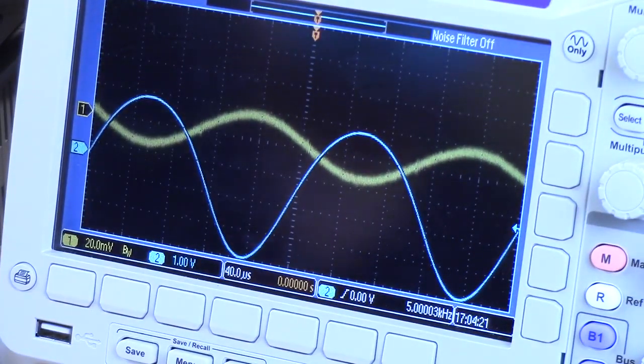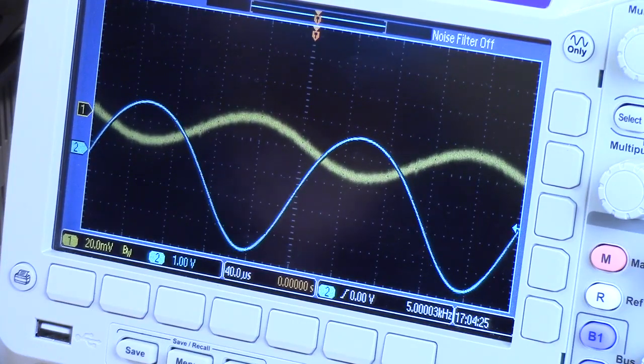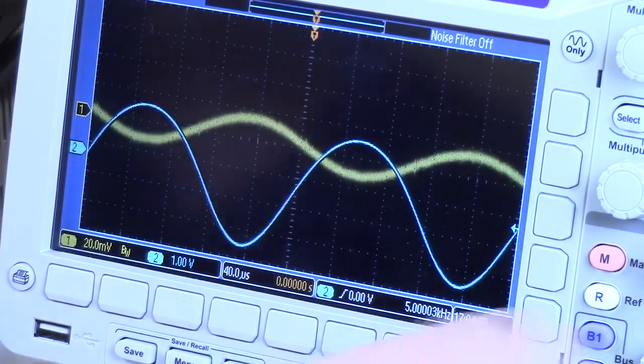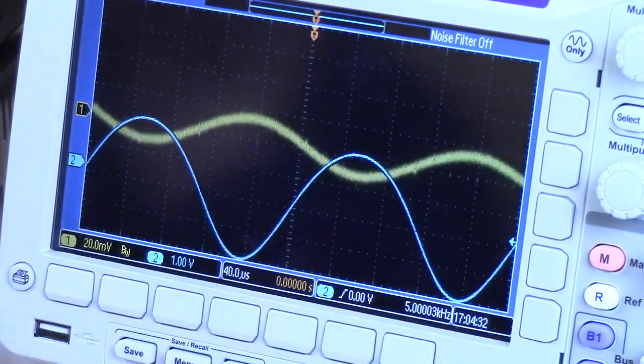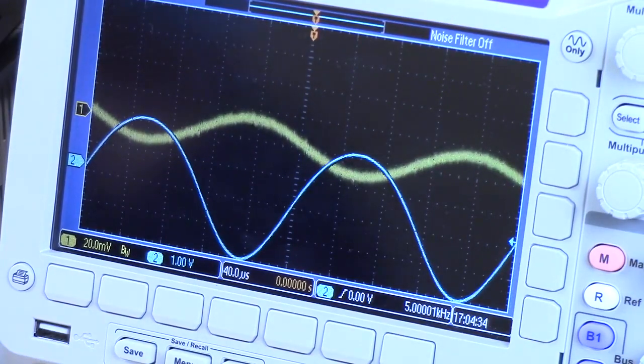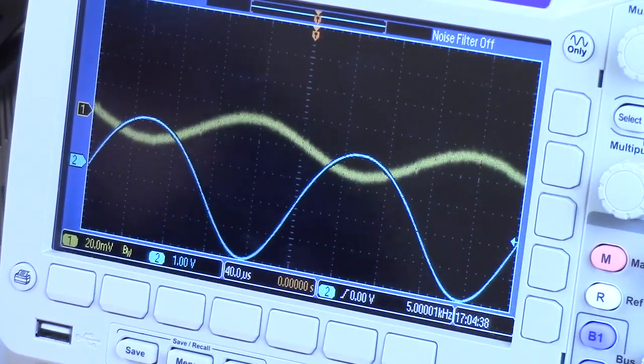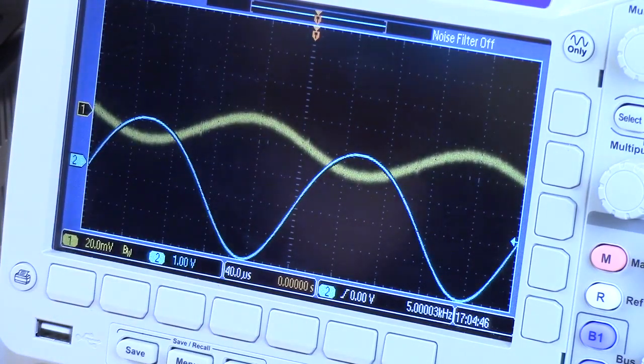Let's see if we can get that back down to 4 divisions. That's 4 divisions there. All we're going to do now is bring the frequency down until we get to 2.8 divisions, same thing as we did before. Frequency right now we're at 5 kilohertz. We're going to bring that frequency down until the blue waveform measures 2.8 divisions.